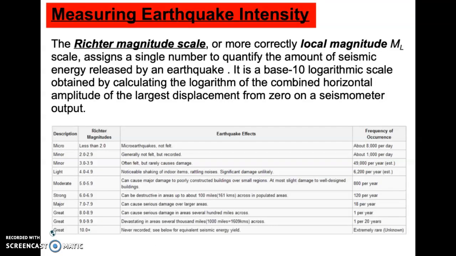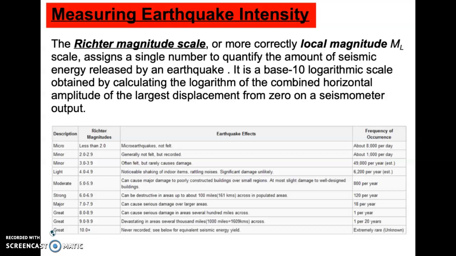So we're going to look at 3 different examples of log scales. And the first one is measuring an earthquake's intensity. If you've ever heard them talk about an earthquake on the news, chances are you've heard them talk about a Richter number. So the Richter magnitude scale, or more correctly the local magnitude scale, assigns a single number to quantify the amount of seismic energy released by an earthquake.